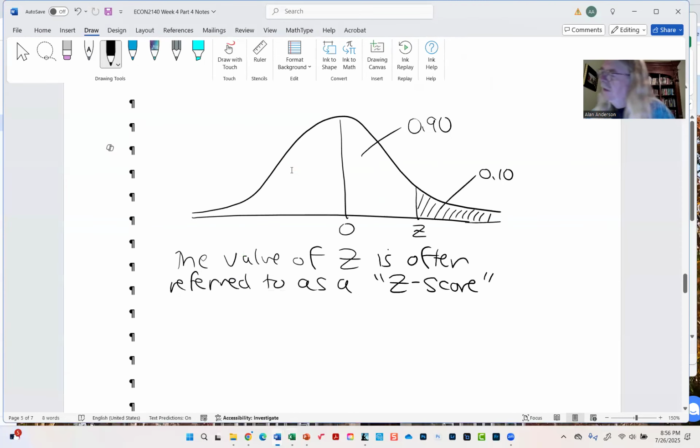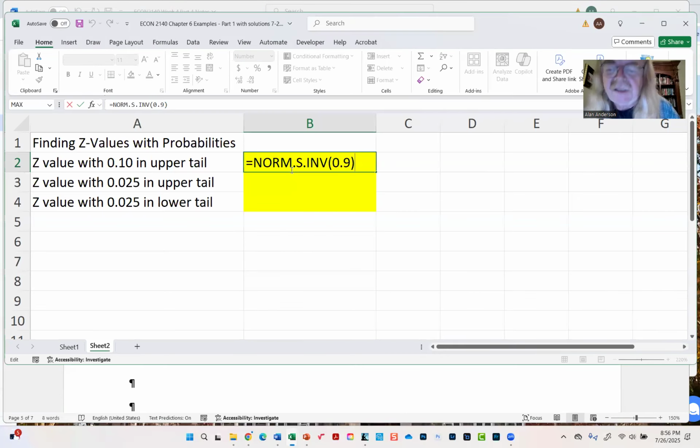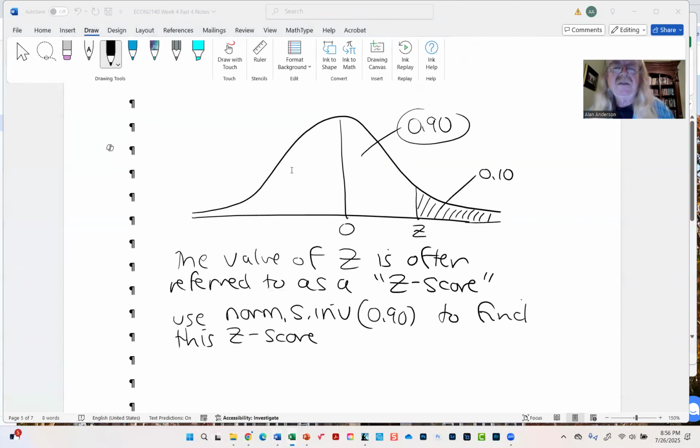Okay, so in other words, we use norm dot s dot inv, and here it just asks for the probability, which means in the left tail. And we discovered that it's approximately 1.2816.